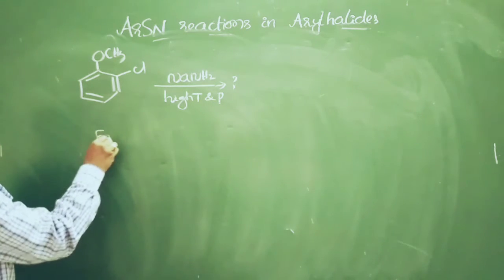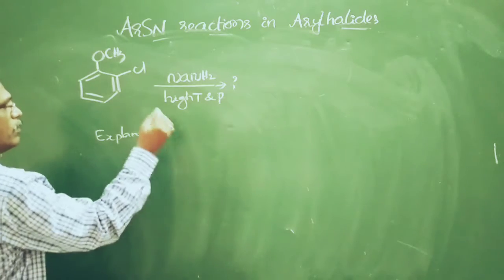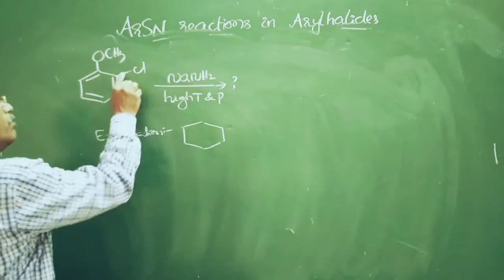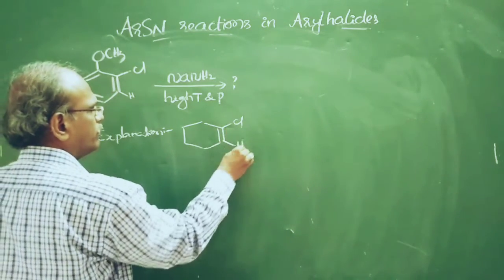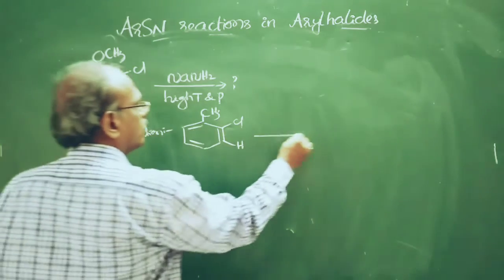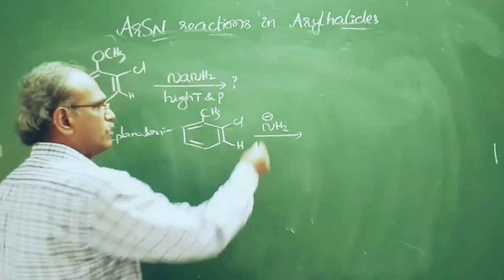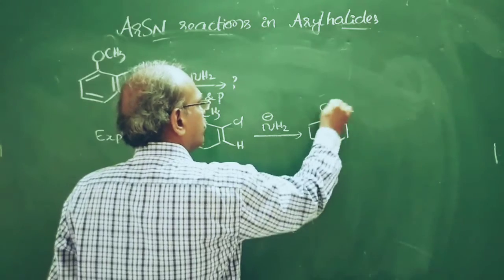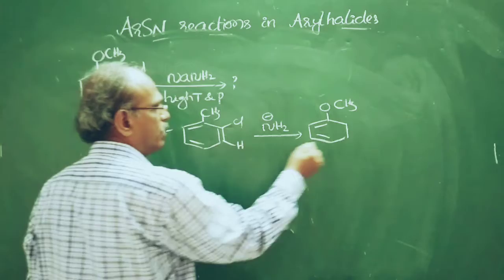See the explanation here. Again, H is available only from this carbon. Therefore, see the intermediate benzyne is this one, the triple bond is here.